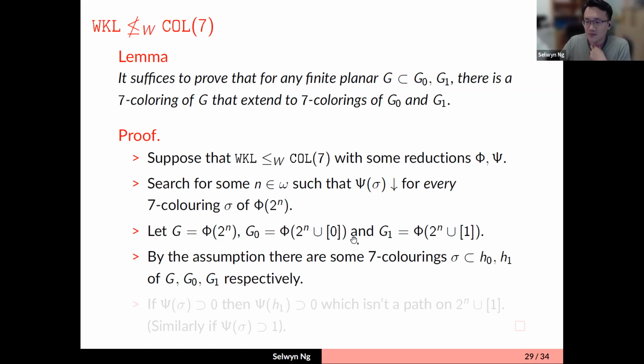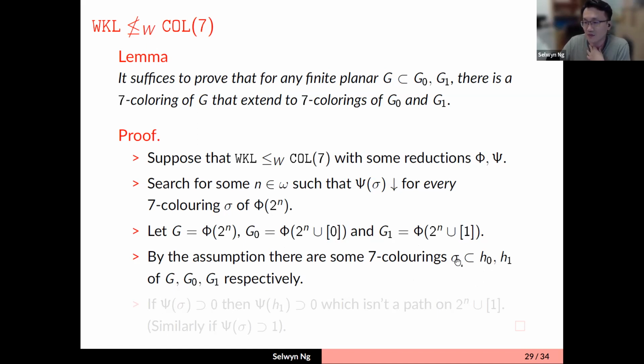So G0 is in fact the full binary tree above 0, with 2 to the n, of course, to ensure extendability of G, of the input 2 to the n, and G1 is the full binary tree above 1, but with the dead ends above level n. And by the graph theoretic assumption here, we can find H0 and H1, which are 7 colorings of G0 and G1 respectively, that are compatible on G. However, the assumption on G was that psi is total.